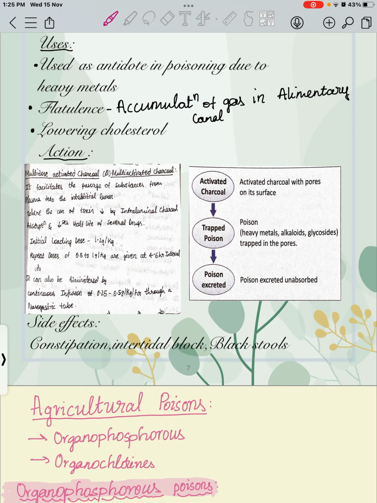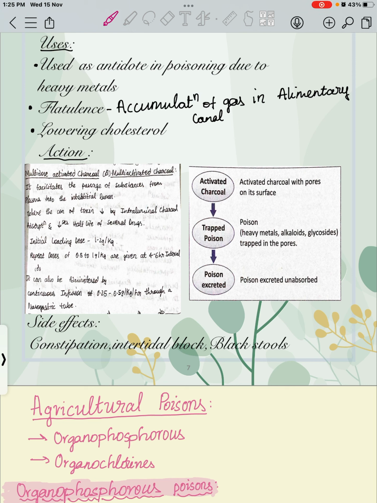So the summary is the concentration of toxin decreases by intraluminal charcoal absorption, and it decreases the half-life of several drugs. So we give multi-dose activated charcoal to decrease the half-life of several drugs and to decrease the concentration of poison. How does this happen?